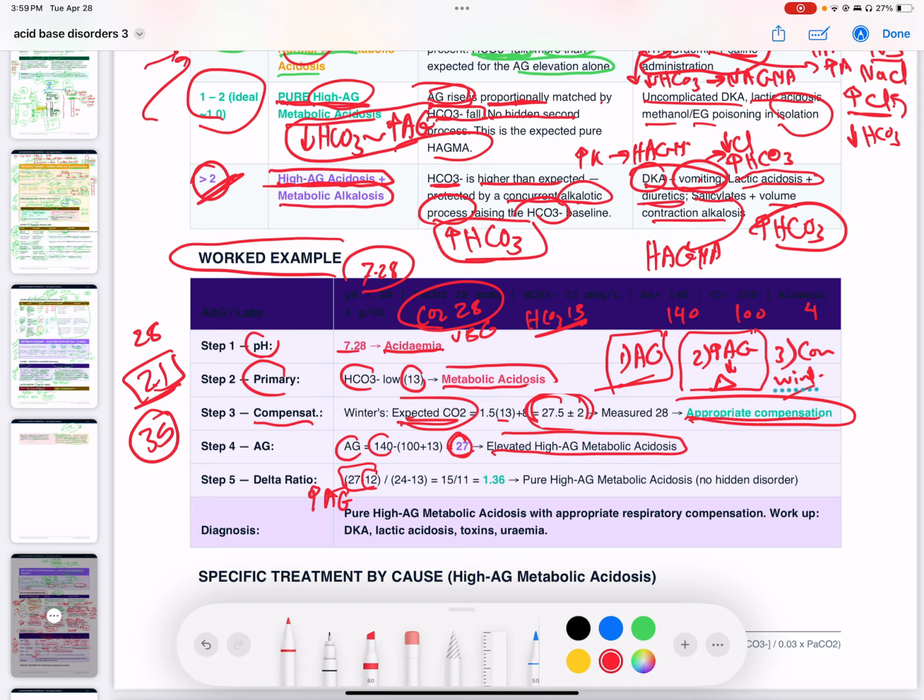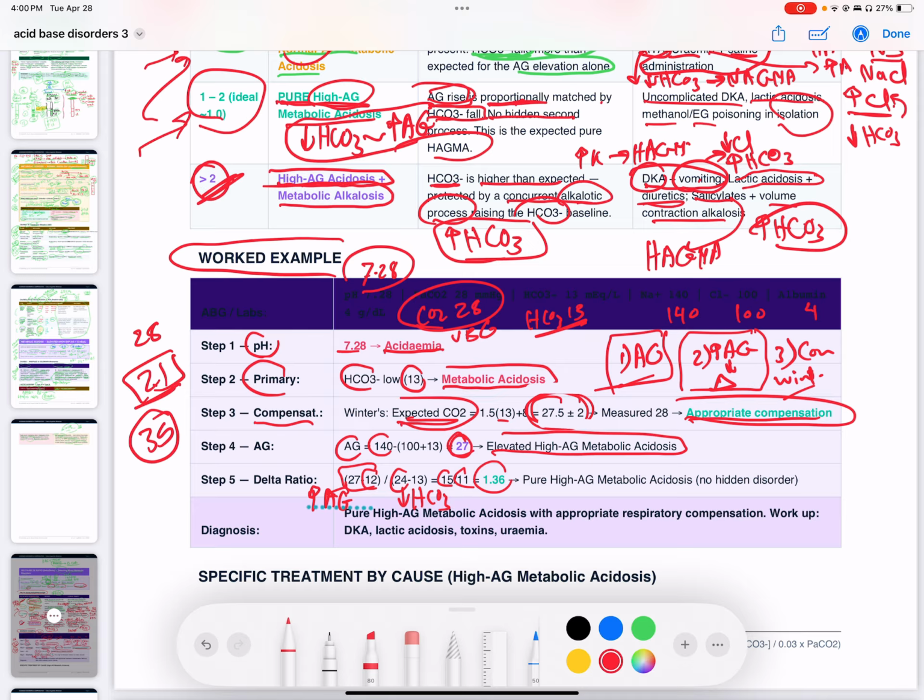Then on the other side, we do 24 minus the bicarb, which tells us how much the bicarb dropped lower than the normal, because the normal bicarb is 24, here it's 13, right? So 27 minus 12 is 15, 24 minus 13 is 11. So it's 15 over 11, which is around 1.36.